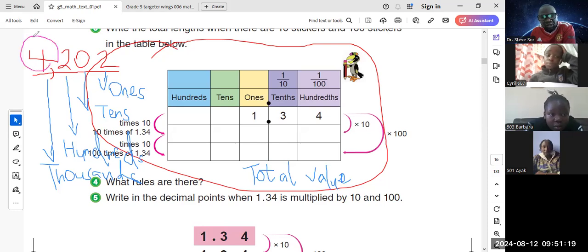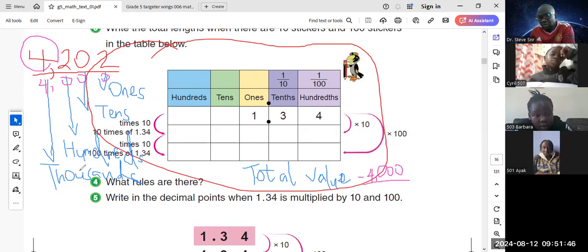So for the total value, you simply write 4, then the remaining digits, you turn them into zeros. And that's how we are saying the total value in this case of 4 is 4,000. You write 4,000. So the total value is 4,000, but the place value, the place is thousands.